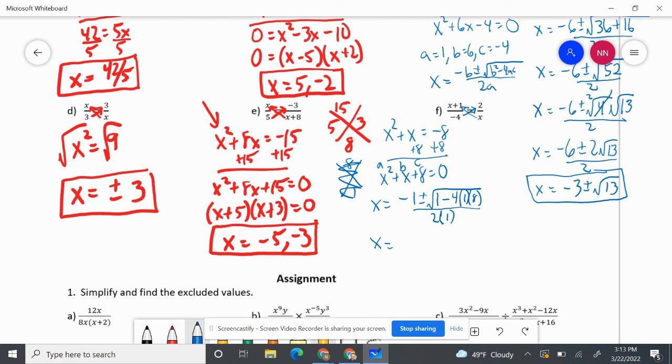We have x equals negative 1 plus or minus the square root. 1 squared is 1. 4 times 8 is 32. And that gives us x equals negative 1 plus or minus the square root of negative 31. And what you notice is that you can't take a square root of a negative. So our answer is no solution.